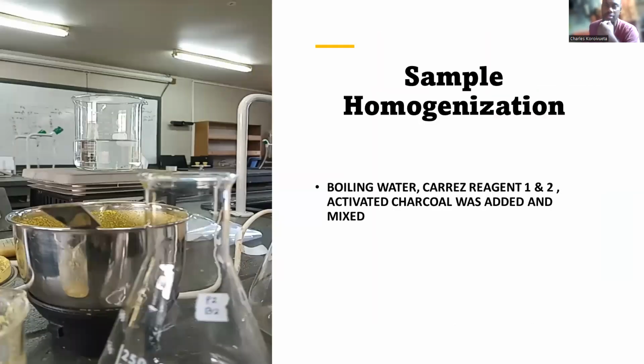Sample homogenization. This involves the homogenization or digestion of the food samples according to the day that it was collected. These food samples were homogenized using a blender inside the lab.